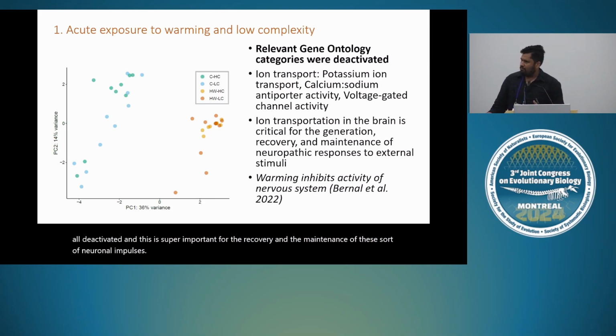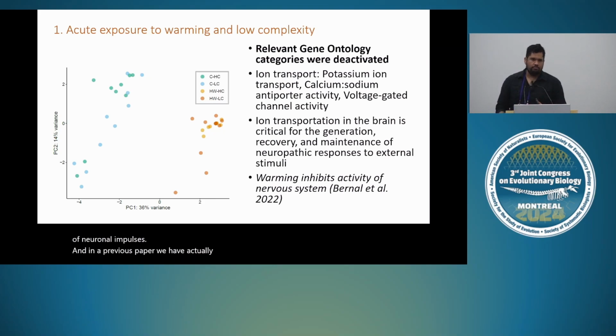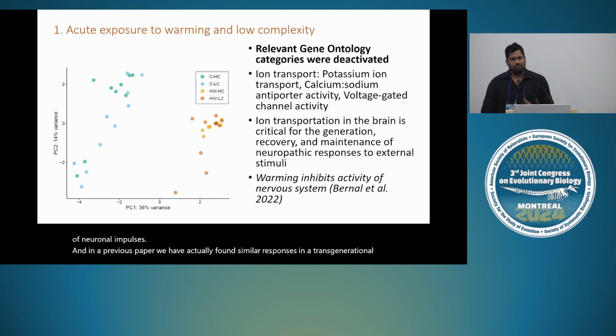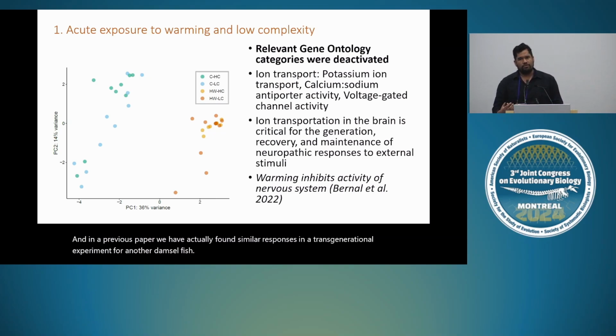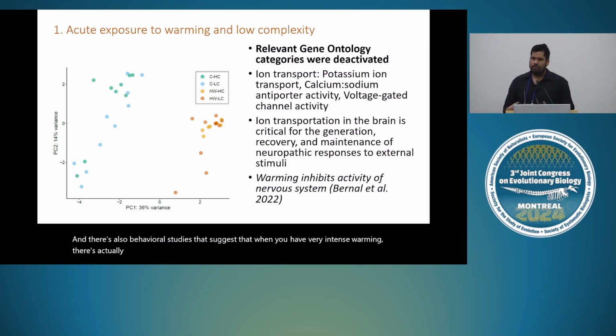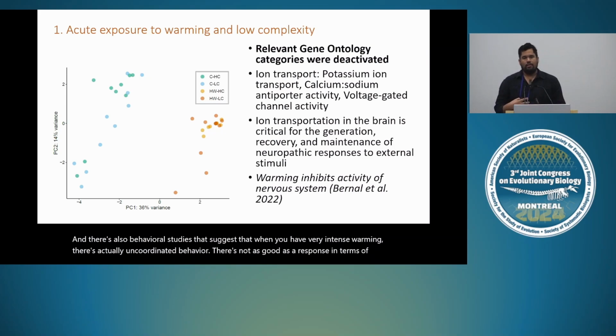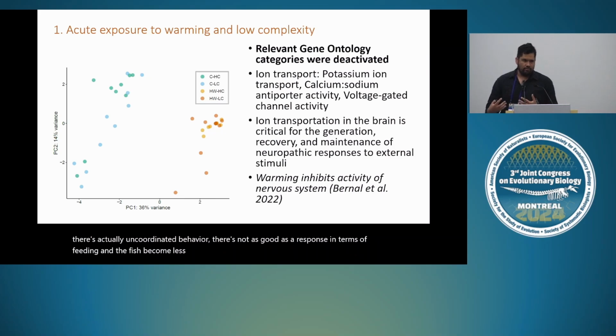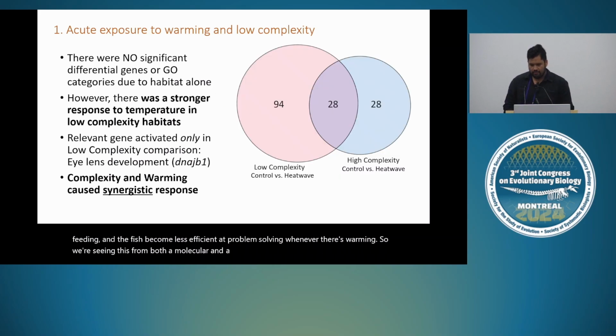And in a previous paper, we've actually found similar responses in a transgenerational experiment for another damselfish. And there's also behavioral studies that suggest that when you have very intense warming, there's actually uncoordinated behavior. There's not as good a response in terms of feeding, and the fish become less efficient at problem solving whenever there's warming. So we're seeing this from both a molecular and a behavioral perspective.